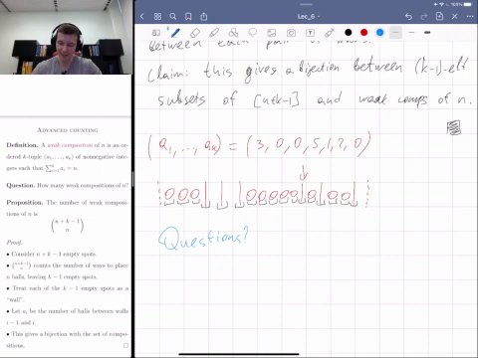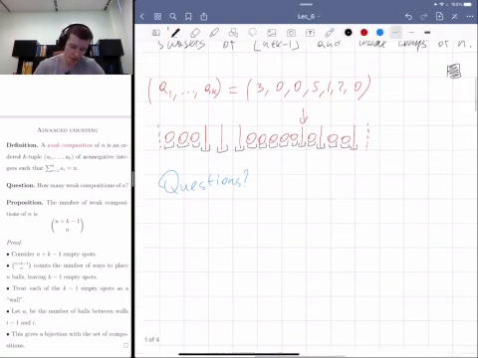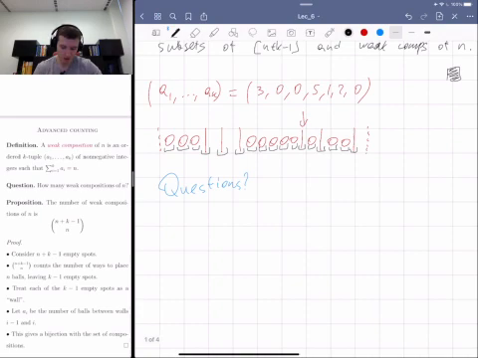Okay, thanks. I think it's a beautiful argument, and it's actually useful quite a lot. Let me explain another interpretation of weak compositions, which is a popular mathematical object: a multiset.